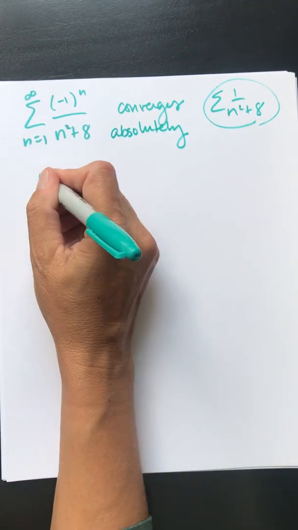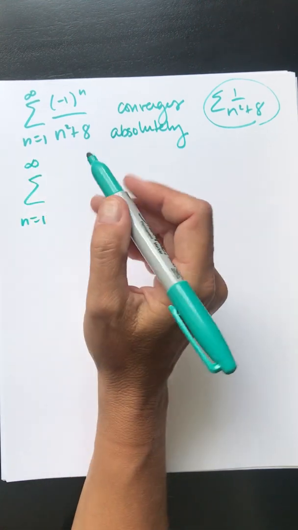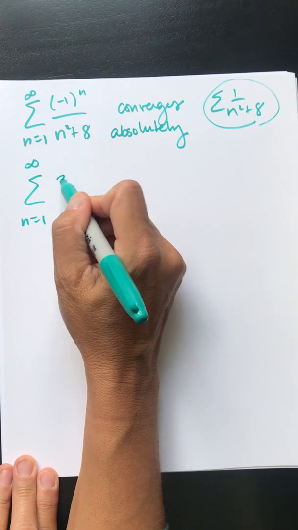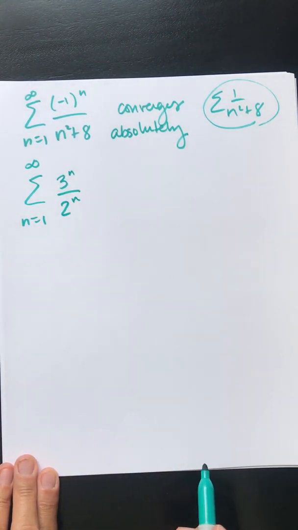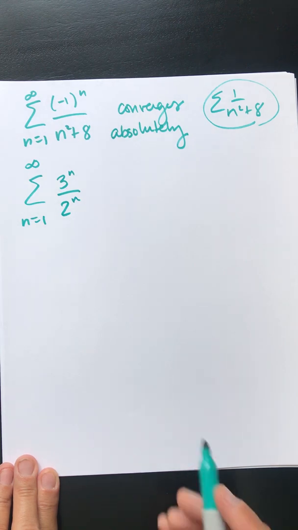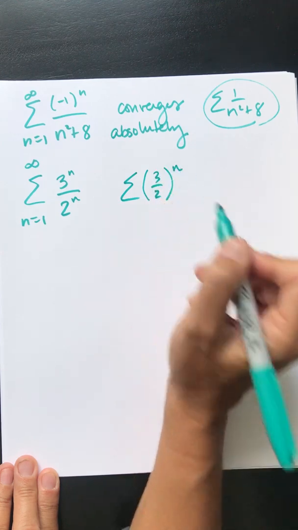How about if we take the sum from n equals 1 to infinity of 3 to the n over 2 to the n? Well, we could certainly nth root this and write it as 3 over 2 to the n.